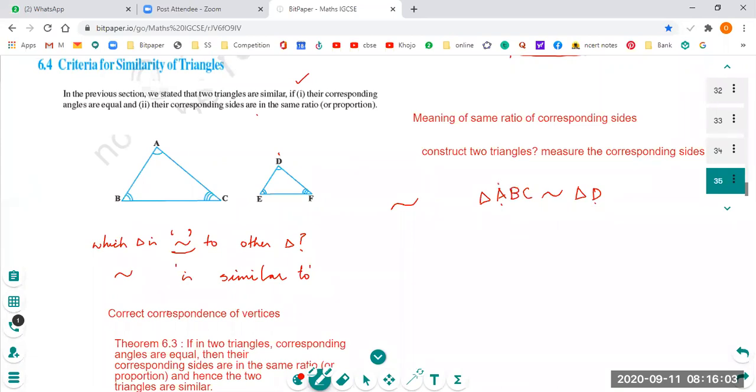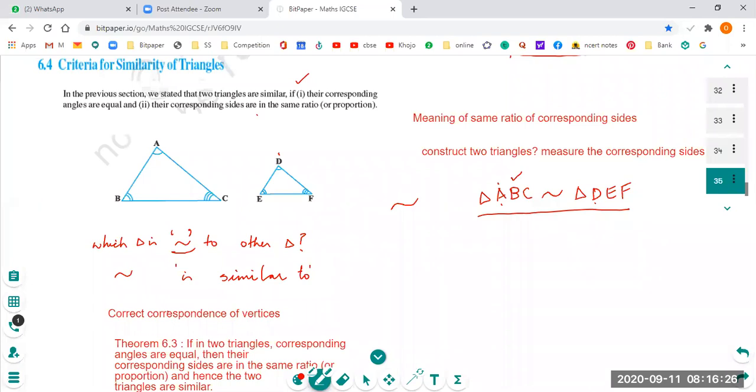Then after A I am choosing B. Now the corresponding angle of B should be E. If B is in second place here, then E should also be in second place, and obviously the remaining angle is F, so DEF. Right?